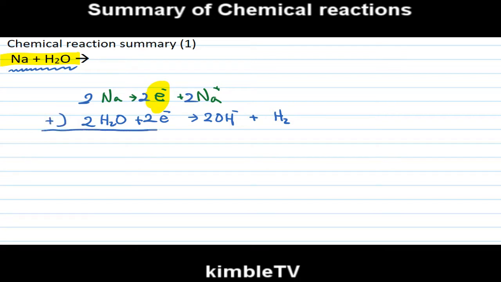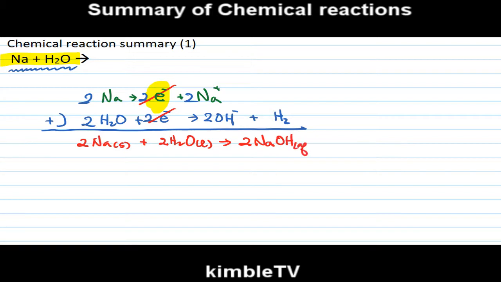Add them, and cancel. Therefore, 2 sodium metal solid, 2 water molecules liquid form 2 sodium ion, hydroxide ion aqueous solution, and hydrogen gas. Hydrogen gas is quickly released, very dangerous.